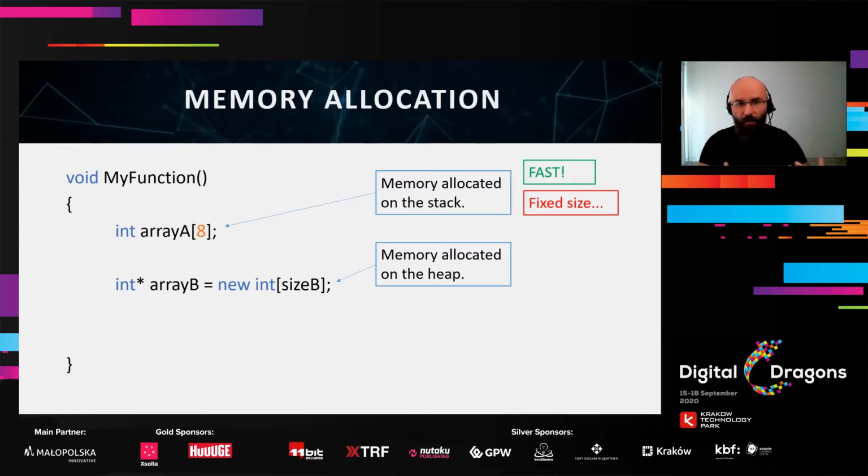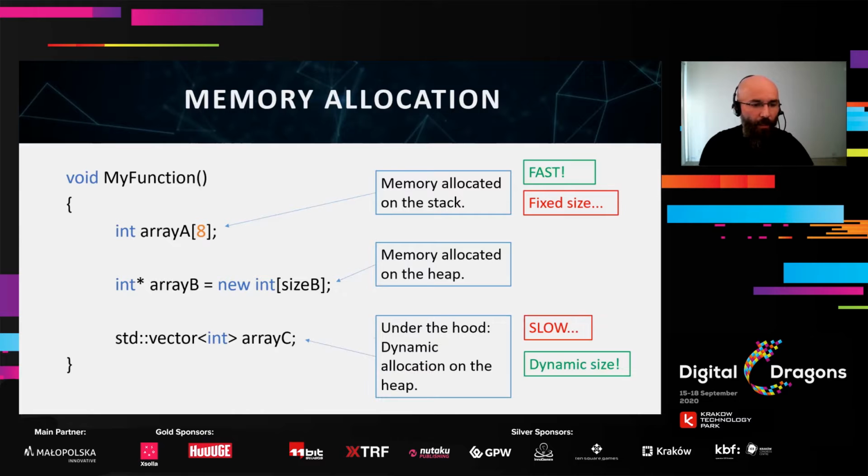We can also allocate memory for the array on the heap. Here I'm using the new operator, and I can specify the size during runtime. We also have a more complex implementation of an array. Here I'm using std::vector. Under the hood, it's still using dynamic allocations on the heap.